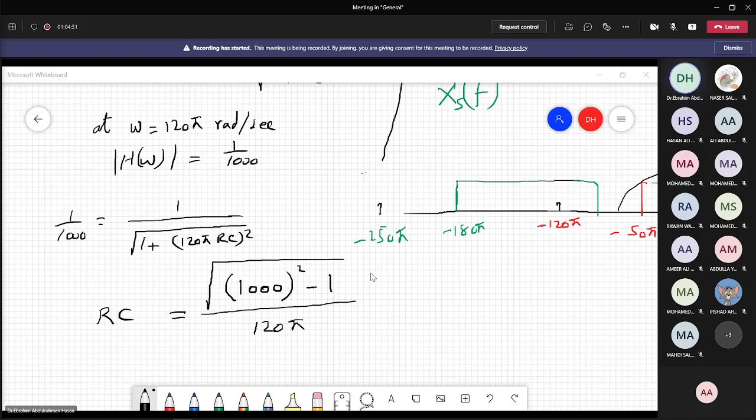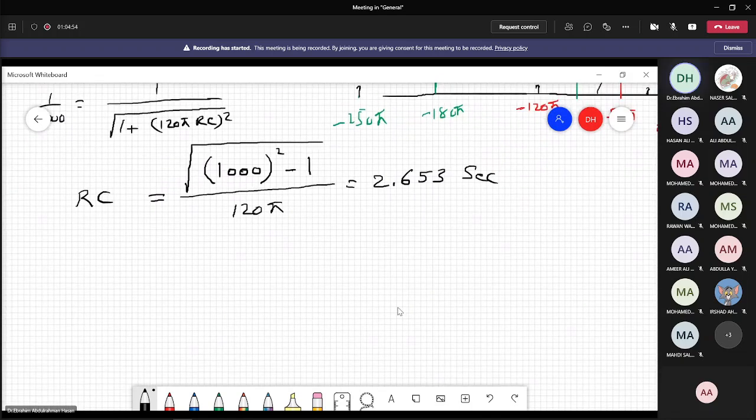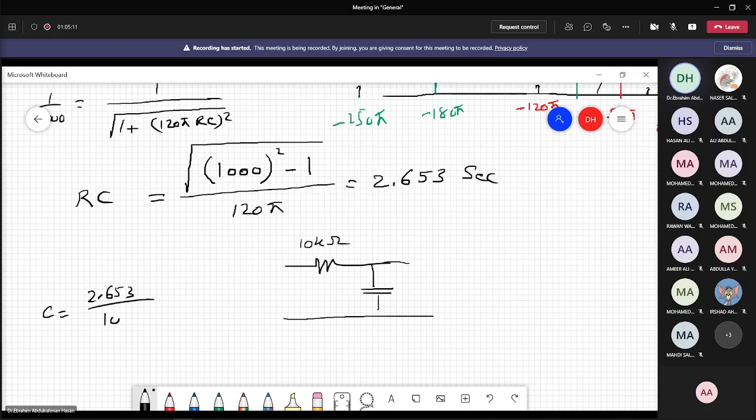So RC equals this value, which is 2.653 seconds. We know that RC in a circuit is tau. So then, for example, if you choose R equal to 10 kilo ohm, then C will be equal to 2.653 divided by 10K.